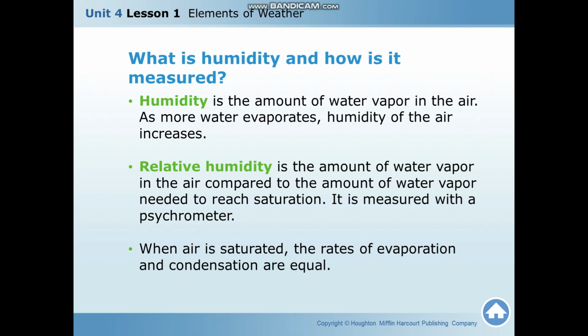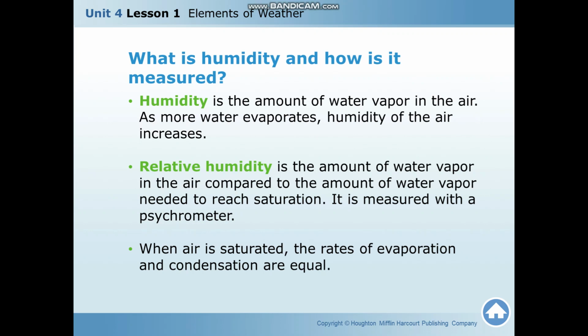So relative humidity is the amount of water vapor in the air compared to the amount of water vapor needed to reach saturation. It is measured with a psychrometer. And a psychrometer, from the two words psychro, which means cold, and meter, which means measurement.